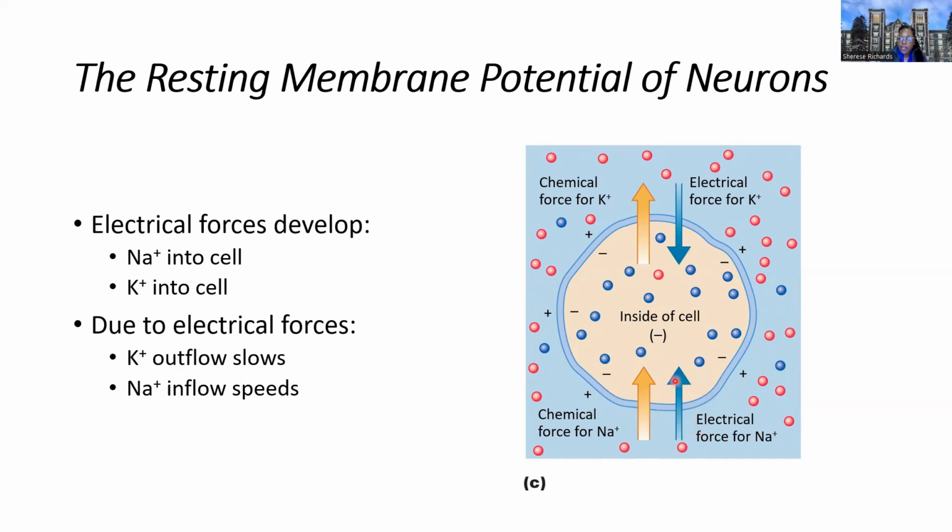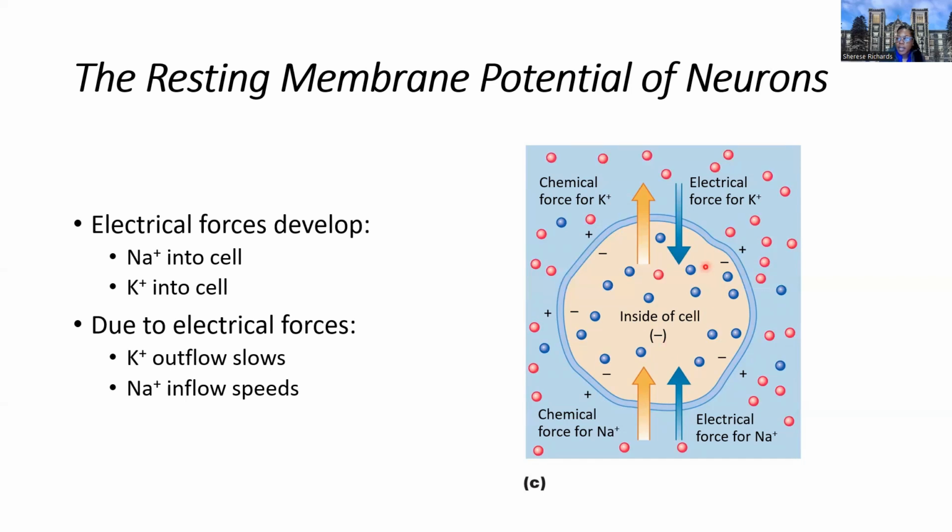For sodium, it's going to be simply combining those two values, and the overall direction will be in that same general direction. So both forces are acting inside of the cell, and so we add those two magnitudes together, and so now we have a strong force, right? A strong current that is pushing sodium into the cell.